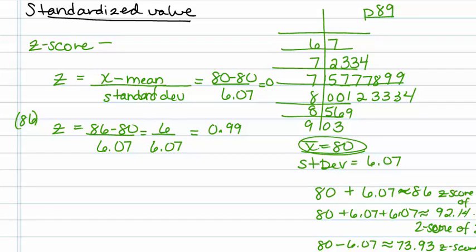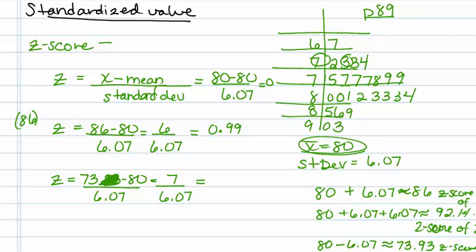If I were to go the opposite direction, 73.93, take away 80. Oh, I don't want to do that because there's no number 73.93. I actually have to pick a number from the table, 73. Take away 80, divided by 6.07, is -7 divided by 6.07.